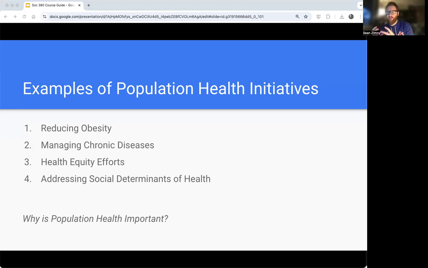Identifying and addressing these disparities ensures more equitable health outcomes for all population segments. If you improve healthcare access over here, you're improving general healthcare across the nation, across the groups. And then alignment with healthcare reform. Population health aligns with goals like value-based care and person-centered care, emphasizing quality over quantity in healthcare delivery.